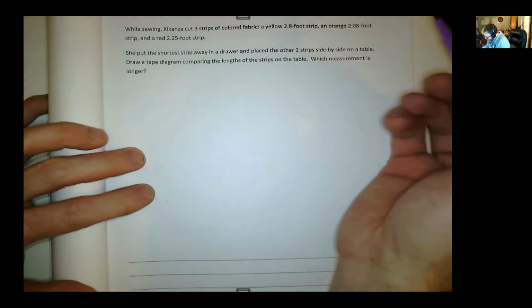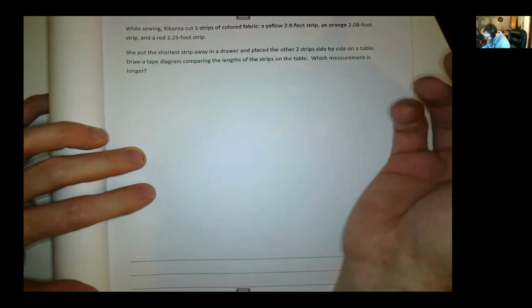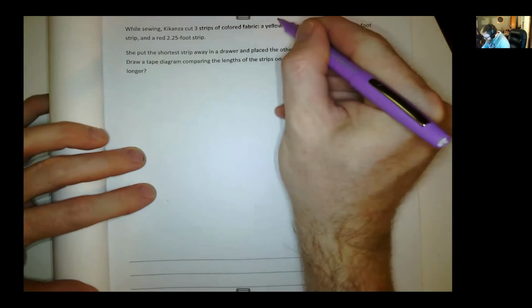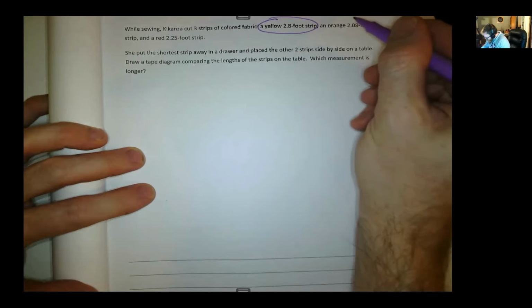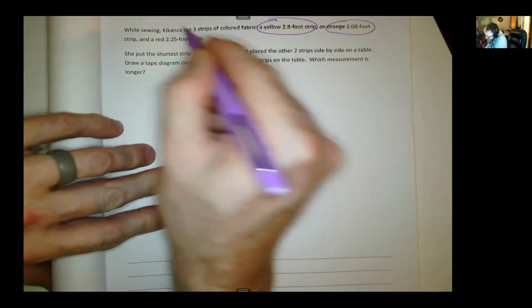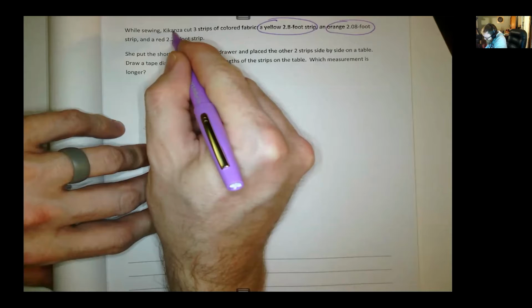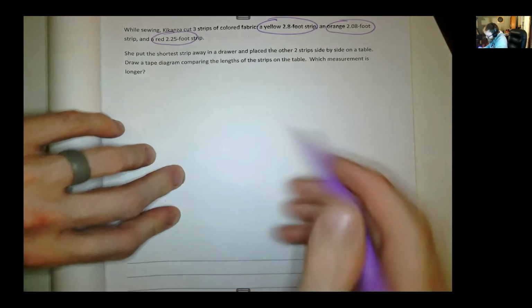So let's draw a tape diagram. We need to find and eliminate the smallest, shortest piece of fabric, right? We have yellow, 2 8/10 foot; orange, 2 8/100 foot; and a red 2 25/100 foot. Put the shortest strip away.